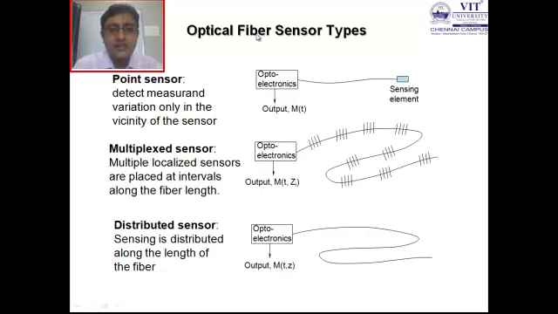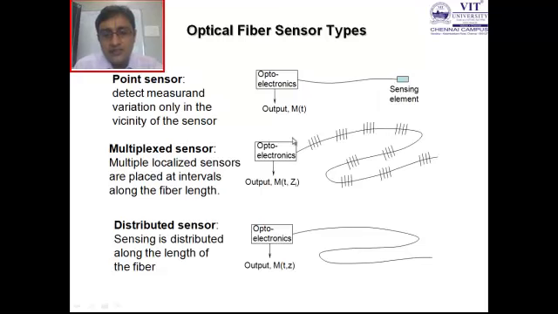Now, the optical fiber sensor sensing mechanism. The sensing mechanism can be of different types. It can be a point sensor, a multiplexed sensor or a distributed sensor. In a point sensor, the sensing element is only one and it is going to sense only one particular parameter.